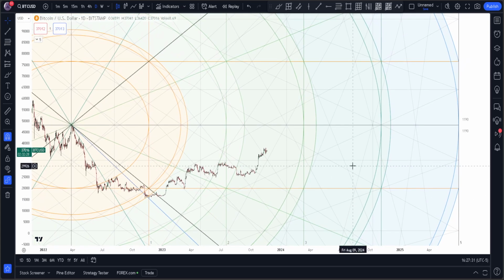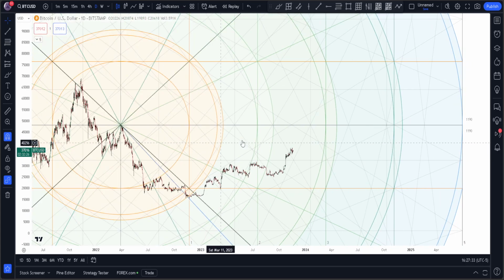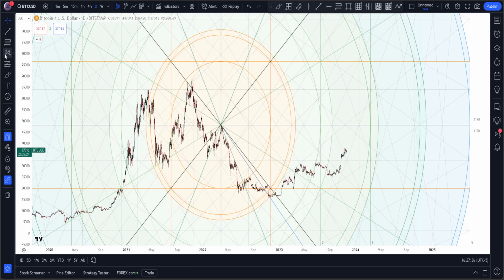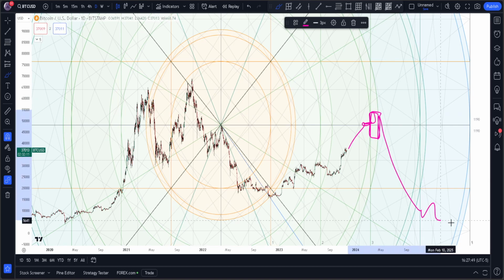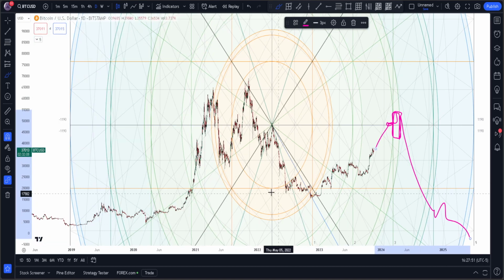So I would not be surprised to see even a sweep of liquidity coming back into this. This major arc is going to be pretty important for Bitcoin in the future. How does price behave when it gets there? Is it going to roll right off of it? In which case, that could be bad news.